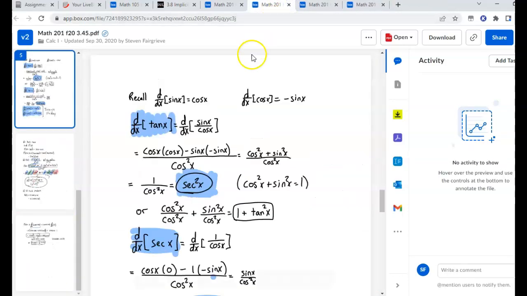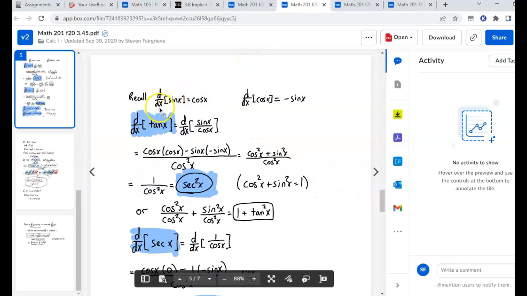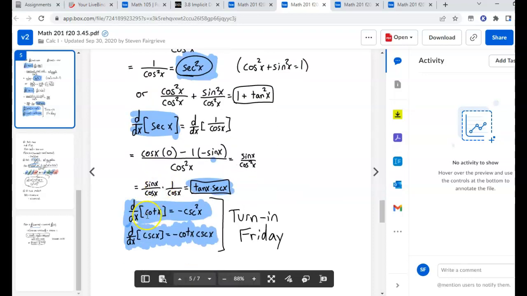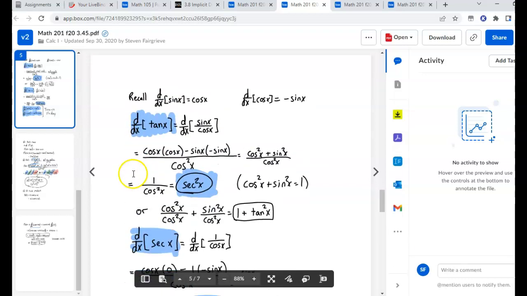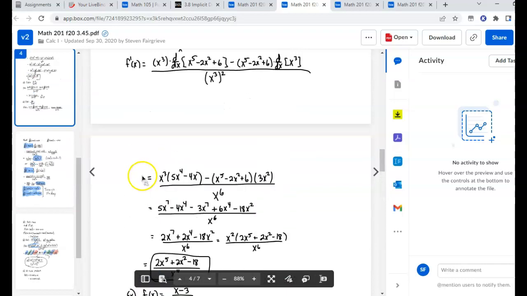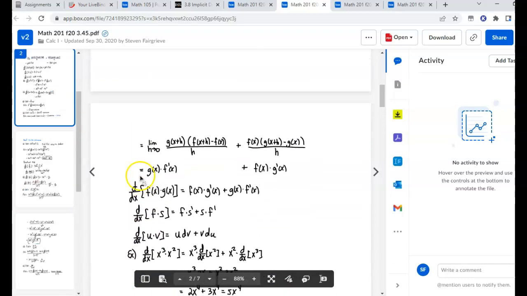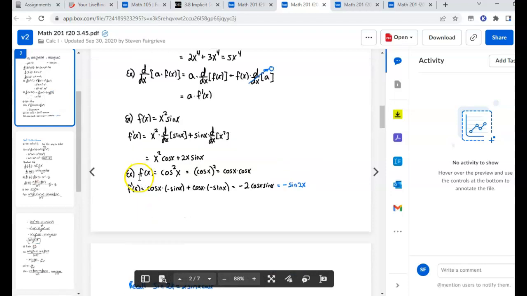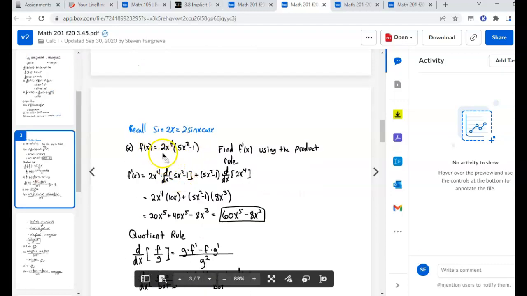And then again, as we talked about in 3.4 with the quotient rule, we did the derivatives of tangent and secant. You did the other ones, cotangent and cosecant, as turn-in problems that you submitted. So you can expect some questions where you have products or quotients, and we have to do the derivatives. Like here we did x squared sine x, or cosine squared, or here's one where we actually could multiply it out, but we did it using the product rule just as practice.